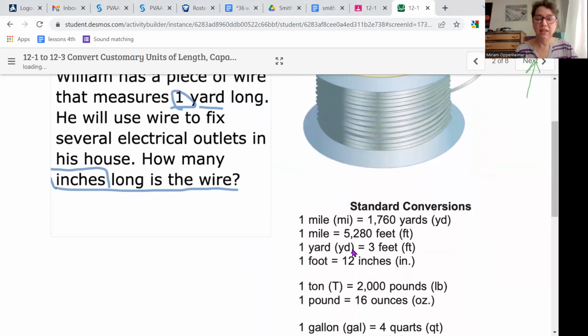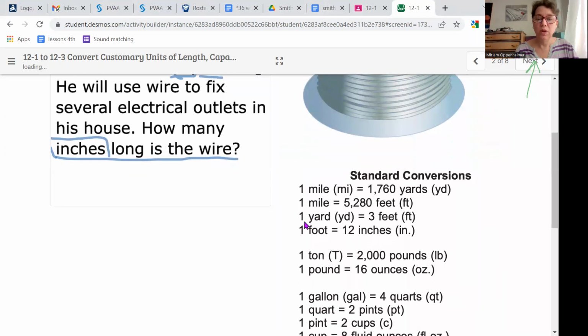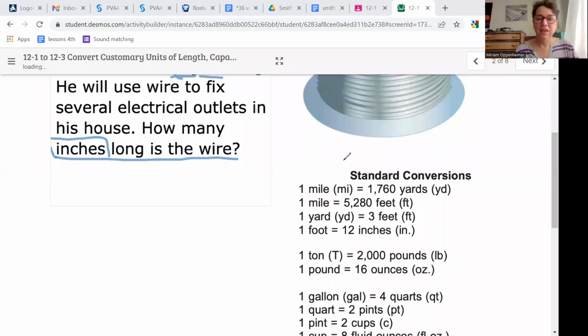Let's look down here at this stuff. Oh, here's a 1 yard. Here's where it says 1 yard over here, and here's where it says inches over here. So we have to be smart and say how many inches is the wire.